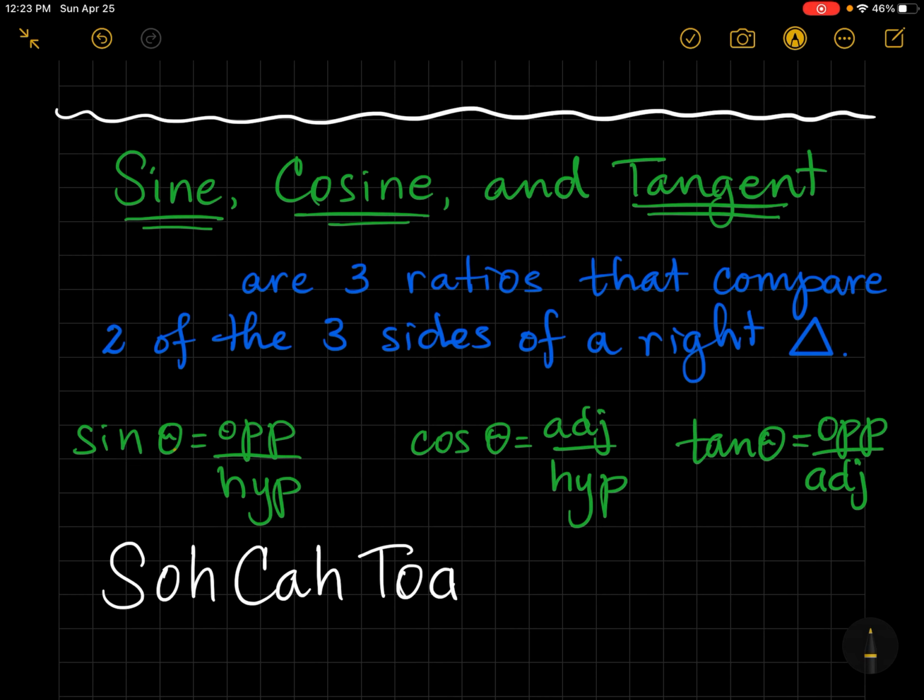If I ask you the sine of theta, that means I want you to compare the side opposite over the hypotenuse. Cosine, I'm asking you to compare the adjacent over the hypotenuse. And for tangent, that's opposite over adjacent.